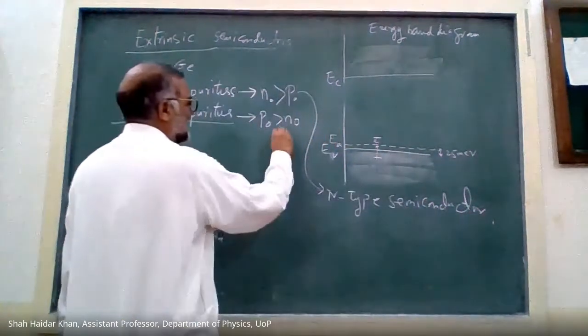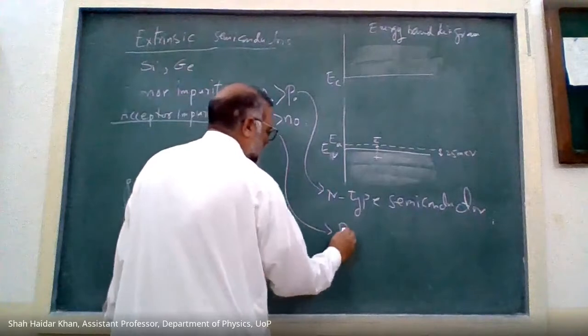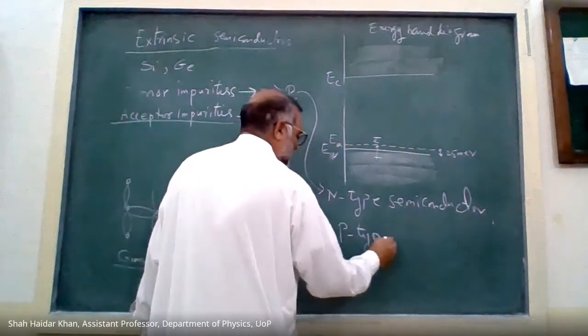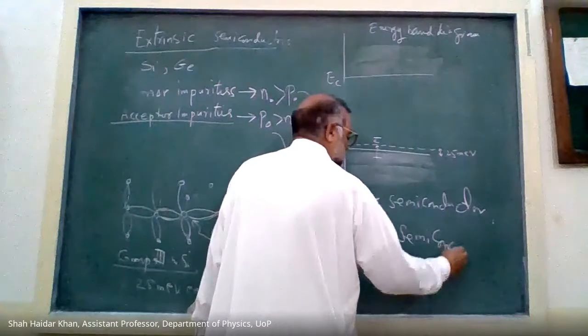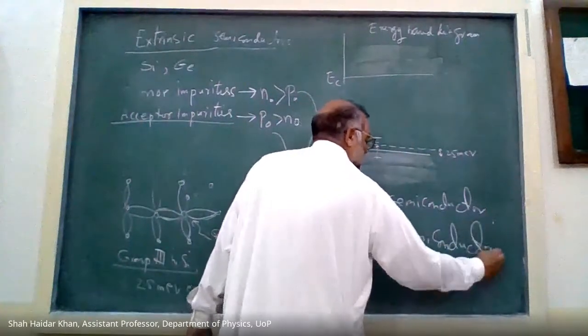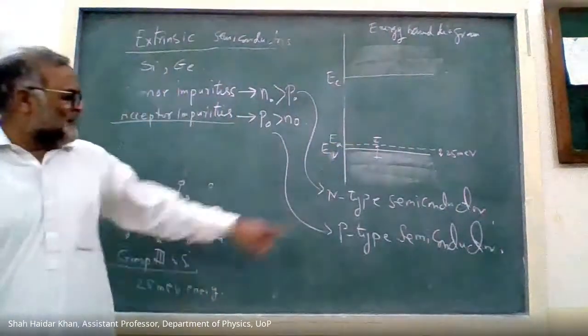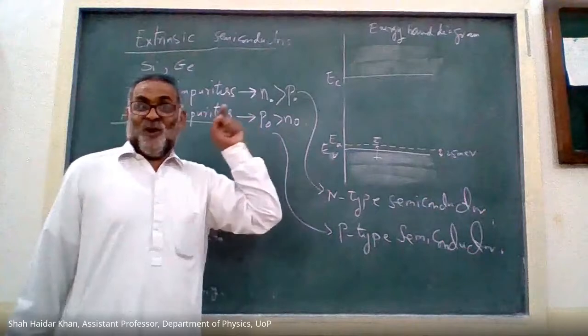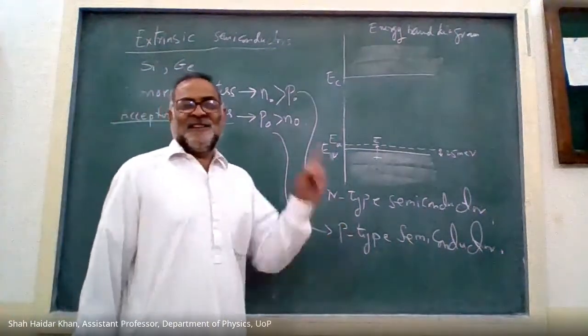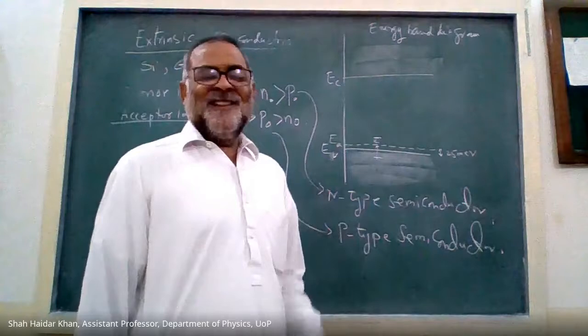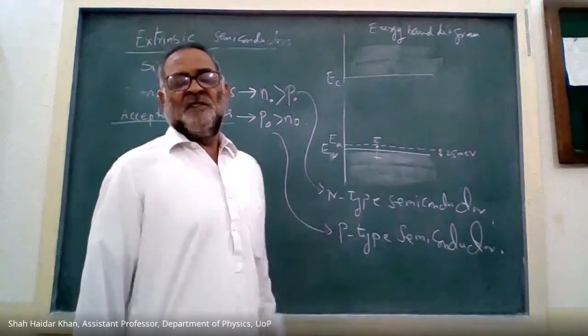And this is called a P-type semiconductor. In N-type, the conductivity is because of electrons. In P-type, the conductivity is because of holes.